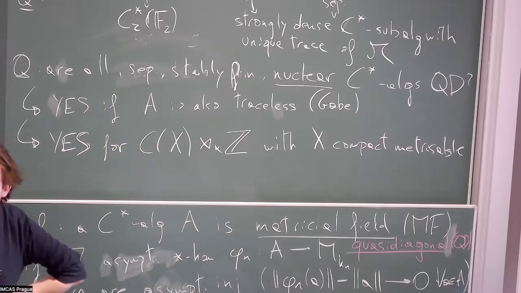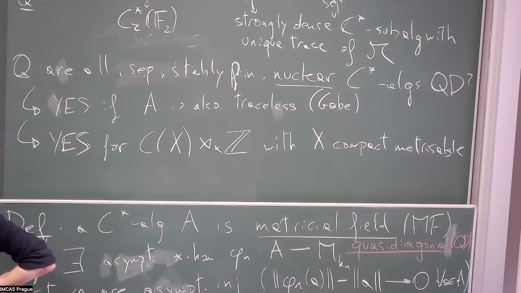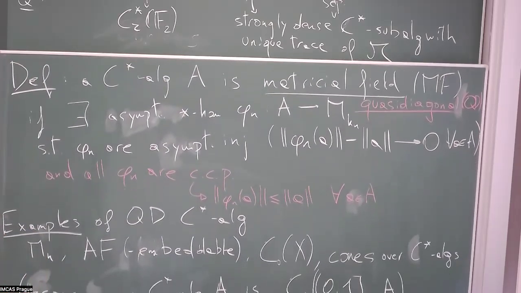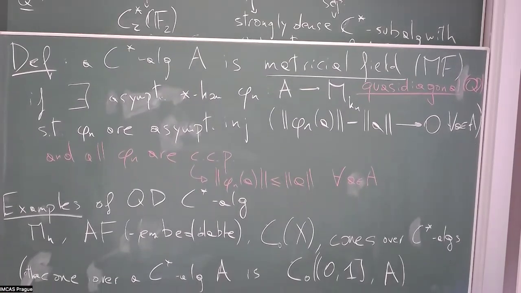Maybe I can also ask a quick question. In the definition here of the MF property, you're just saying you want a sequence phi_n with this property. So let's say you find more than one. You have two of them. Can you say something about the k_n that you find there? Is there some estimate, or do they have to be the same, or could they be quite wild? In general, definitely not the same.